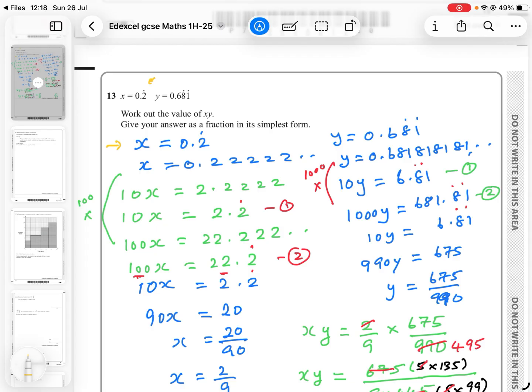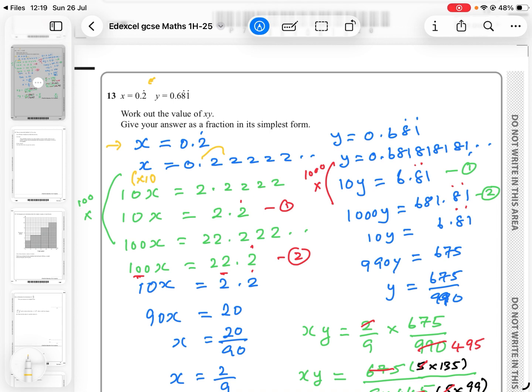If you multiply x by 10, the decimal moves one place, so it becomes 2.22222. So 10x equals 2.2 recurring.